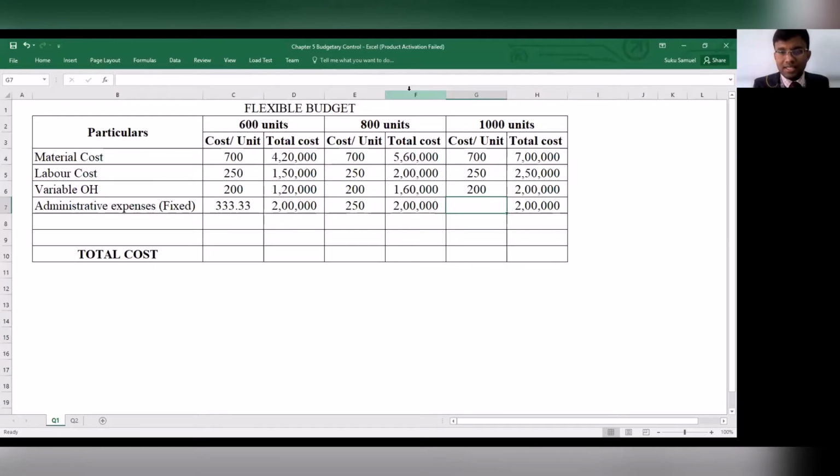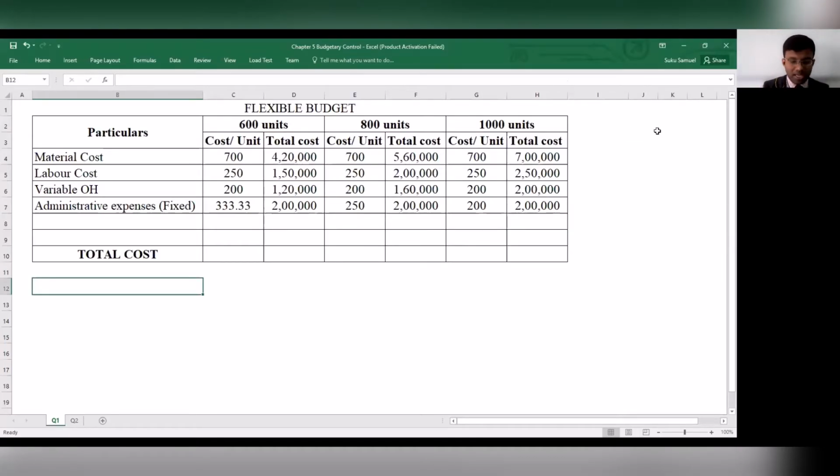Now, for 1,000 units, this will be 2 lakh divided by 1,000, which makes it 200. So I have calculated the administrative expenses: the cost per unit and also the total cost. Please remember, since administrative expenses is a fixed cost, total cost will always remain the same.